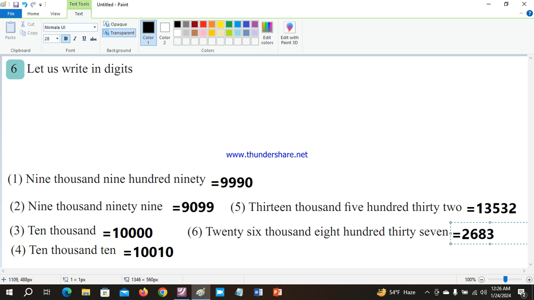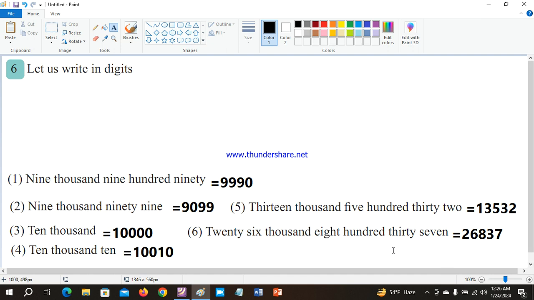So 3 is in tens place and 7 is in ones place. So the number is 26,837.